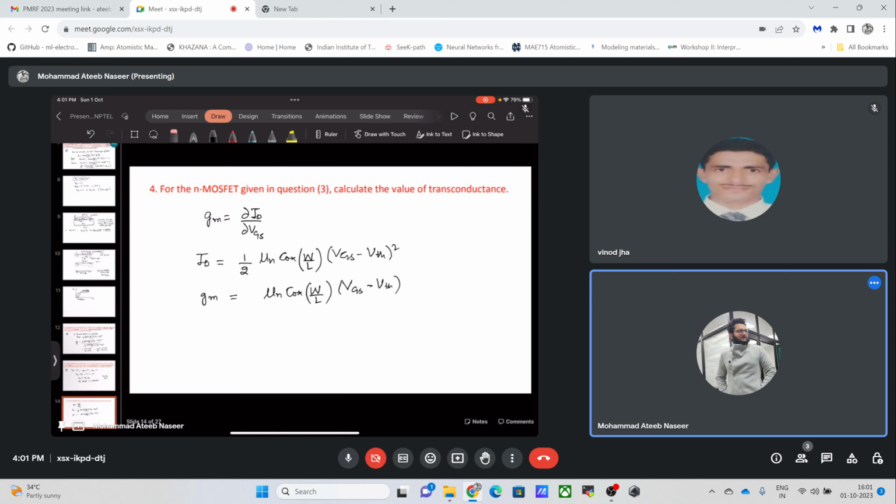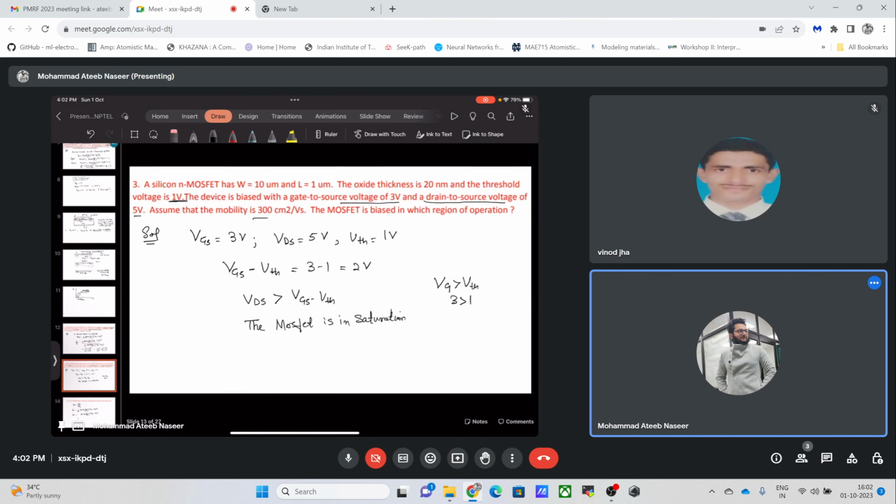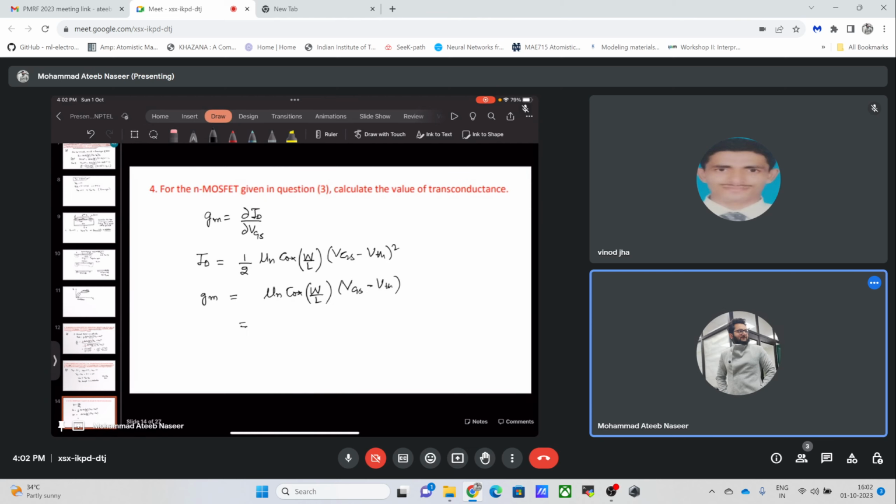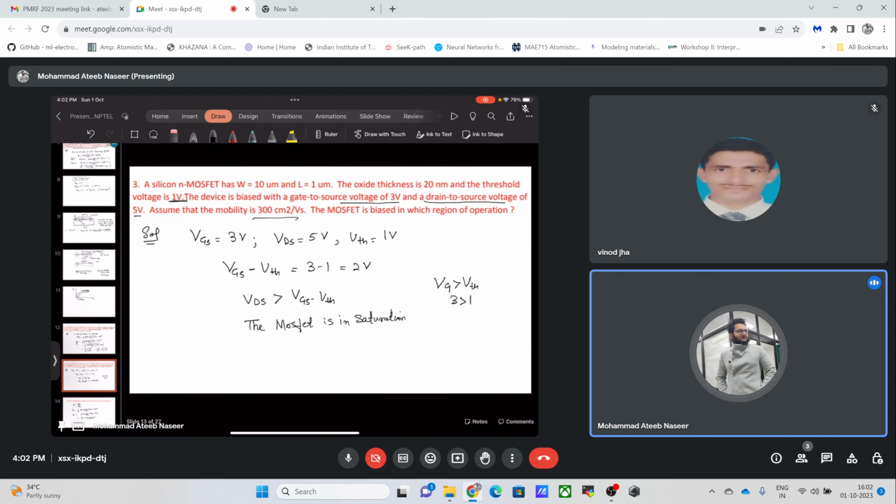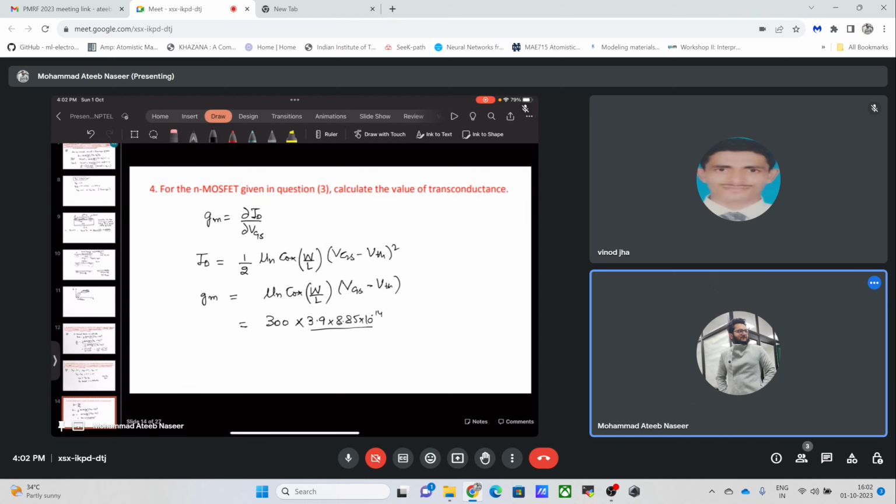Now let's put in the values for mu n and Cox. Mu n is 300, and Cox is epsilon ox by T ox. So it is 300 into epsilon ox by T ox. For oxide it is 3.9 into 8.85 into 10 to the power of minus 14, and this T ox is 20 nanometer, so it is 20 into 10 to the power of minus 7.